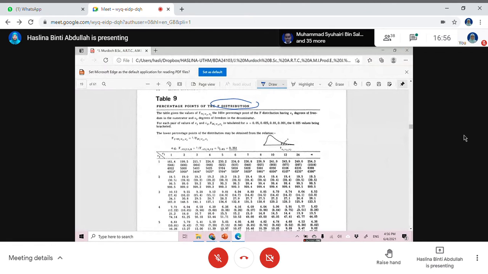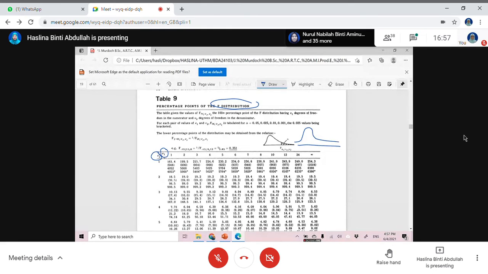Okay. For F distribution, we have degree of freedom 1 referred to sample 1 and degree of freedom 2 referred to sample 2. For the F distribution curve, we call it skew to the left. Skew to the left ni bermaksud kalau kita draw, dia punya bukit tu memberat ke arah kiri.